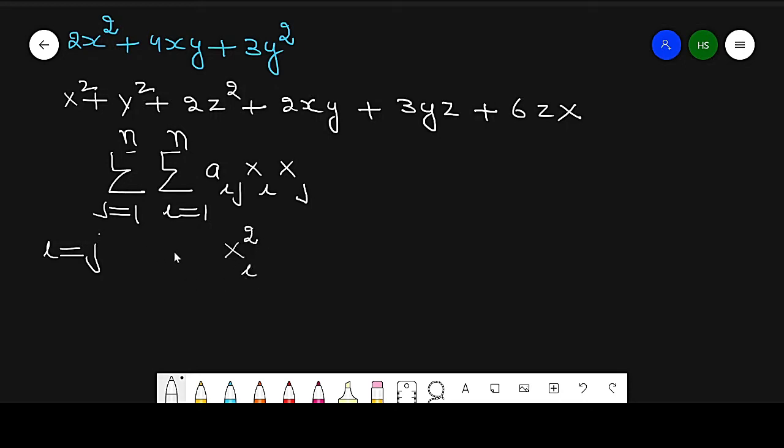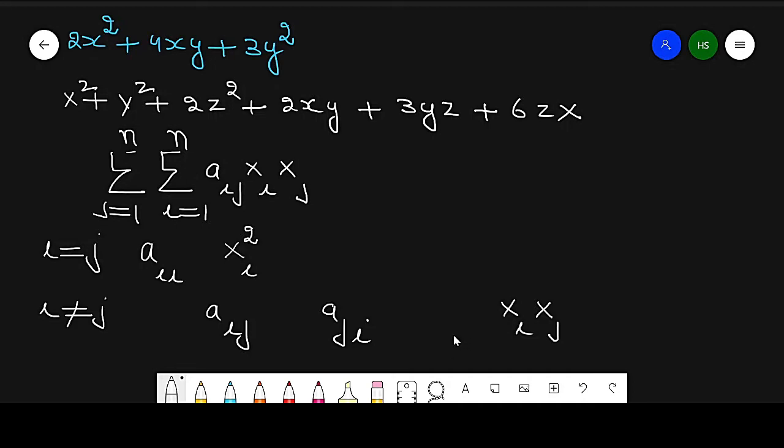So aii is the coefficient of xi square. When i is not equal to j, we get two values, aij and aji, which are the coefficients of xi xj.